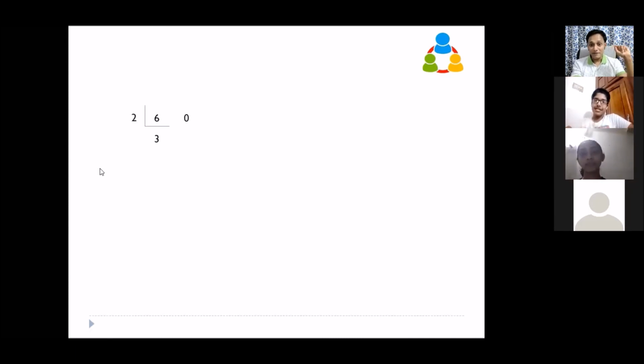What does this remainder mean? Remainder 0 means, if you observed, only for odd numbers you will have the last bit as 1, because in binary the last bit is the ones place.